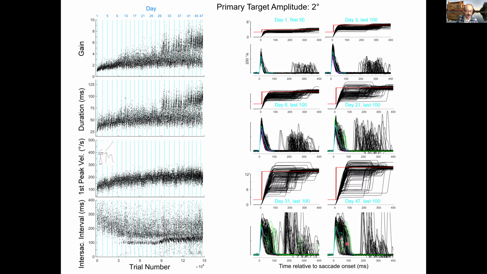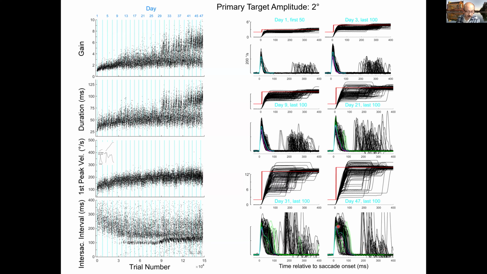And then on day 47, you see that most of the data is on high gain saccades, with very little population of low gain saccades. And then, as you can see, the saccade reaccelerates in most of them, and still shows some of the short latency corrective saccades.